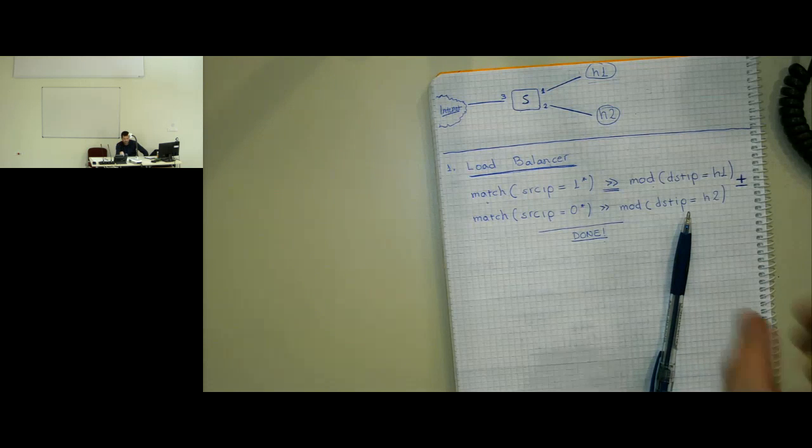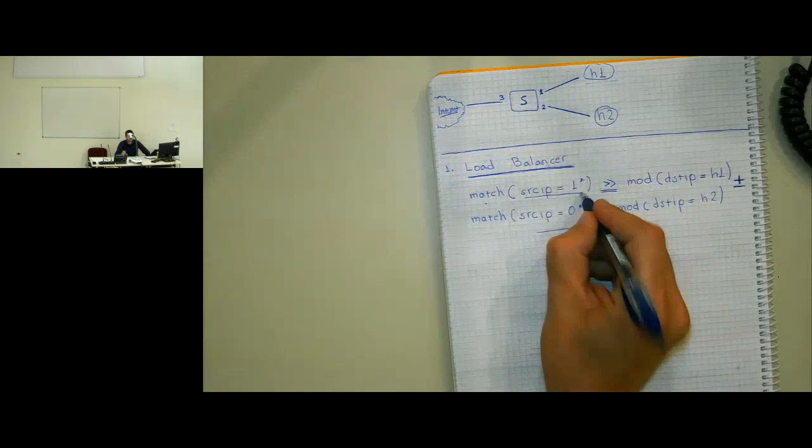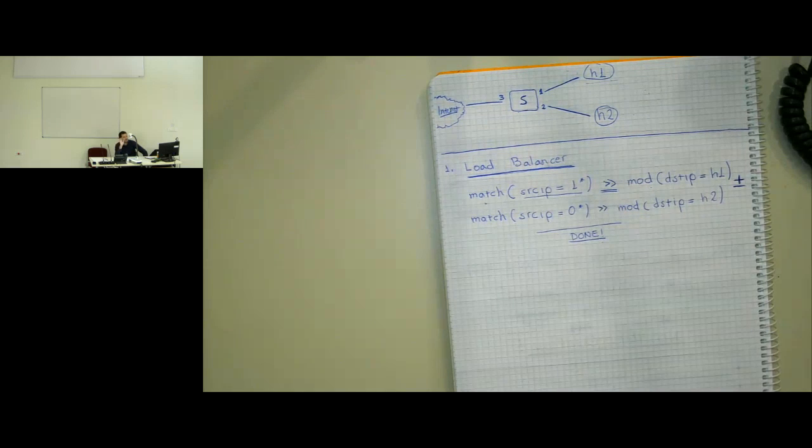So the function match takes as input one packet. If the packet matches the source IP, the specific predicate we have here, then it gives the packet to the output. It's pretty straightforward.